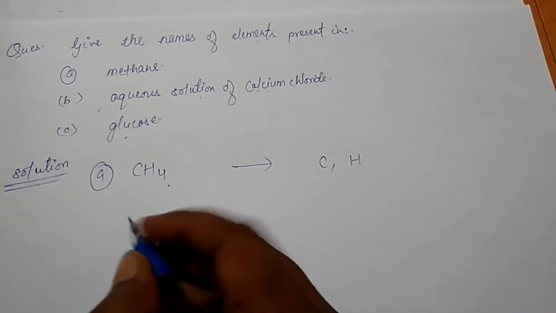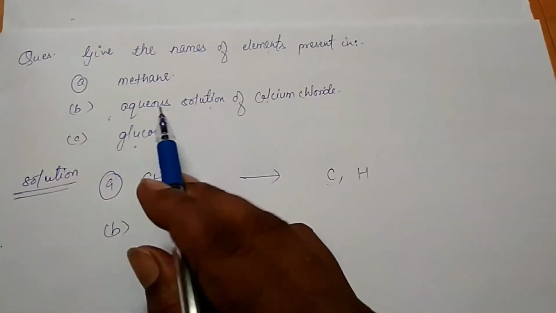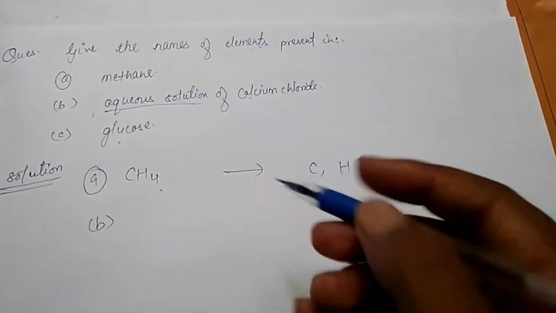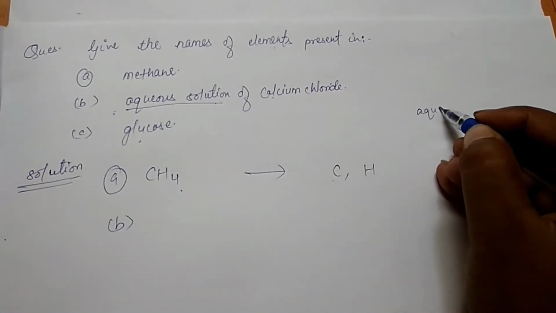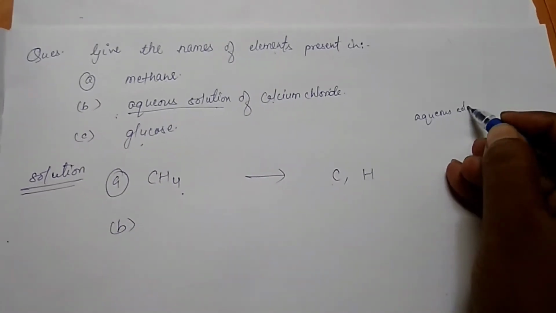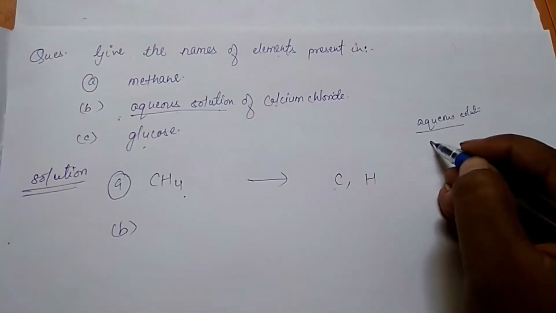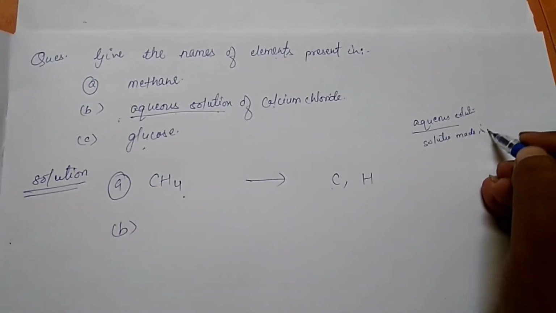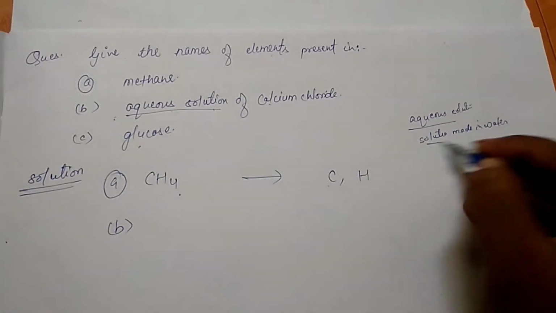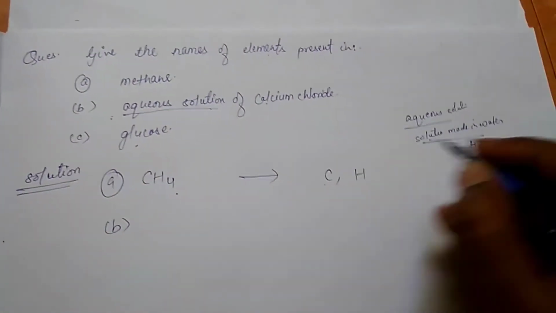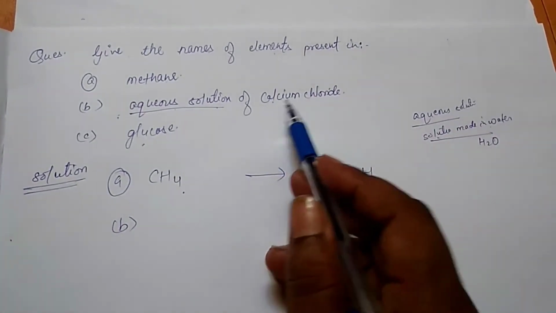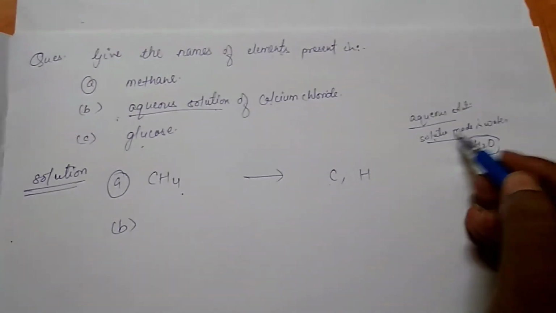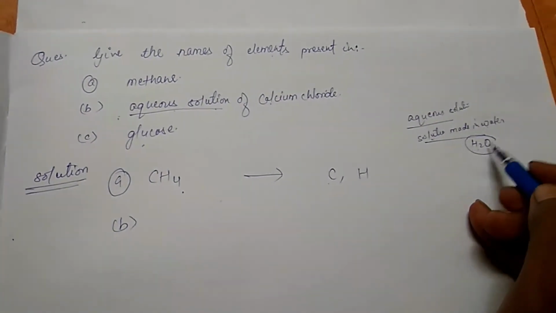Okay children? B, aqueous solution of calcium chloride. First we have to understand, children, aqueous solution. Aqueous solution means the solution which is made in water. So aqueous solution means a solution made in water, and water is the combination of hydrogen and oxygen.